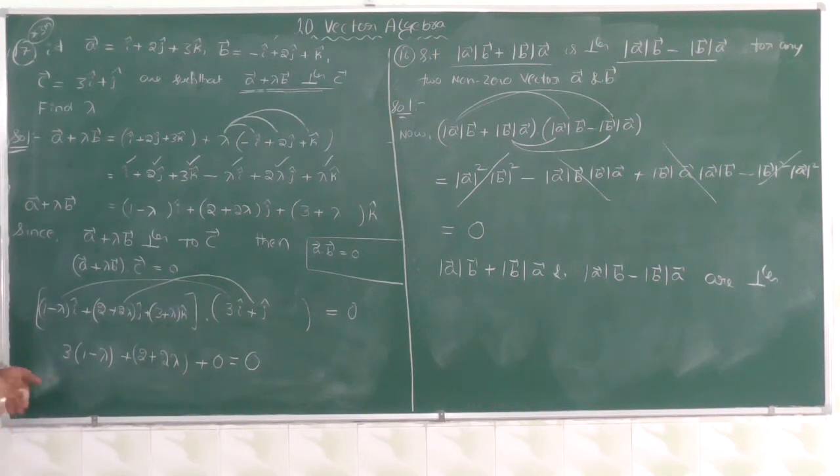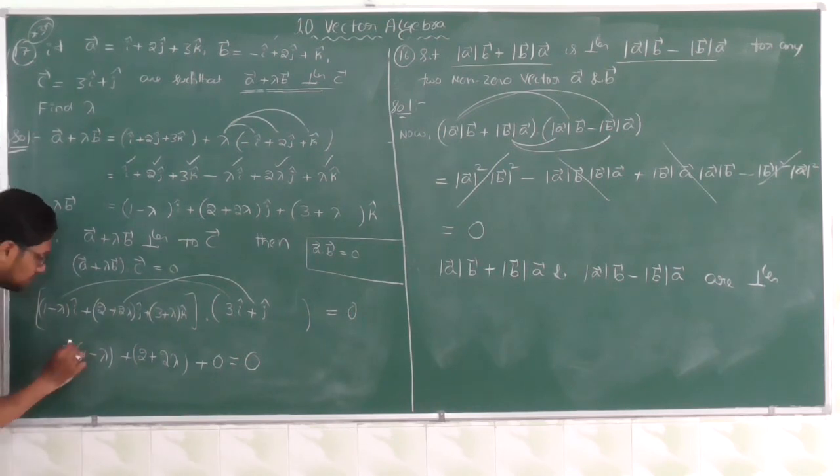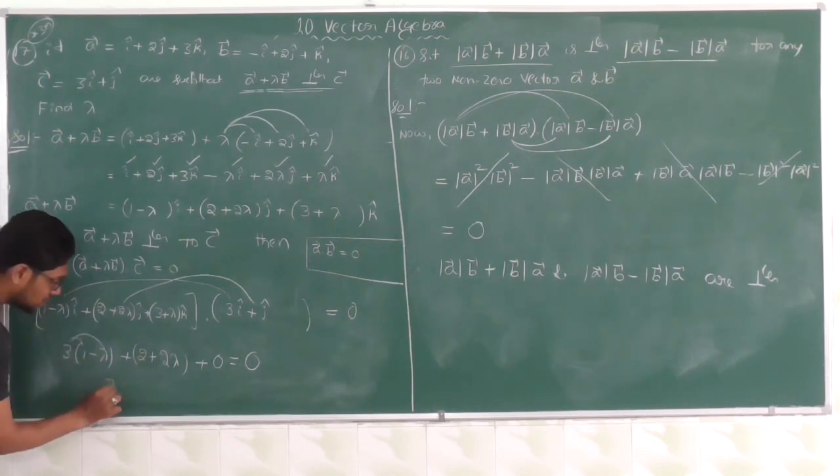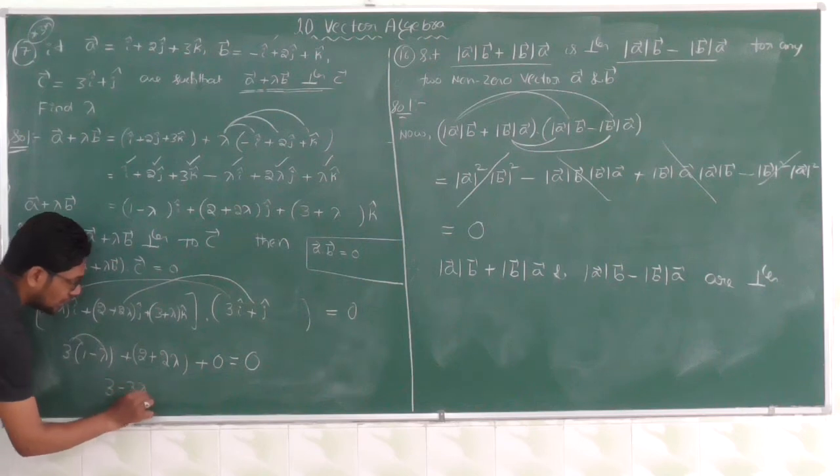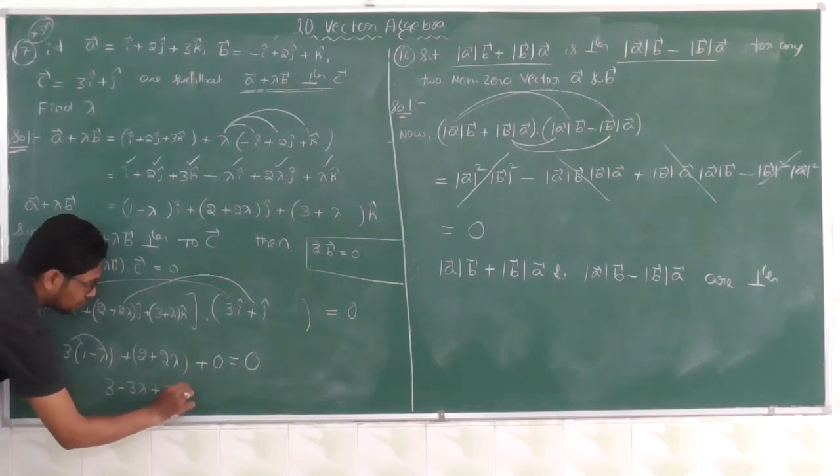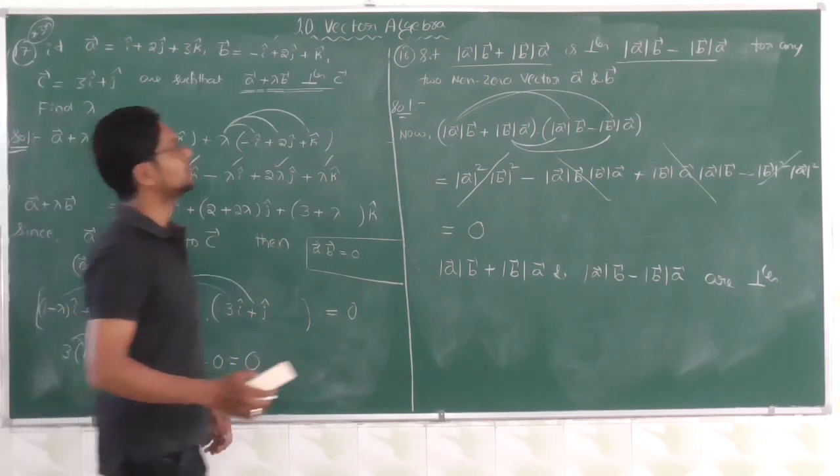From this equation we have to find the value of lambda. To simplify, we multiply the 3 inside the brackets, then we get 3 minus 3 lambda plus 2 plus 2 lambda equals 0.